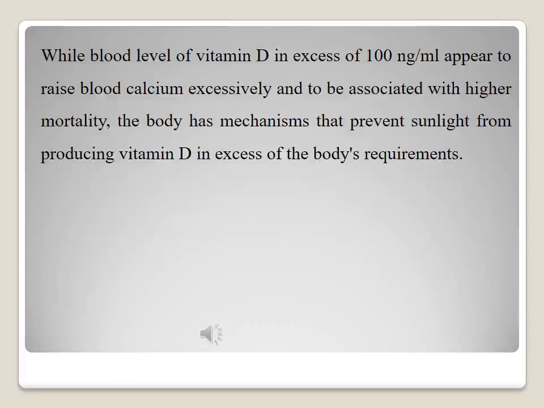While blood levels of vitamin D in excess of 100 nanograms per ml appear to raise blood calcium excessively and to be associated with higher mortality. The body has mechanisms that prevent sunlight from producing vitamin D in excess of the body's requirement.